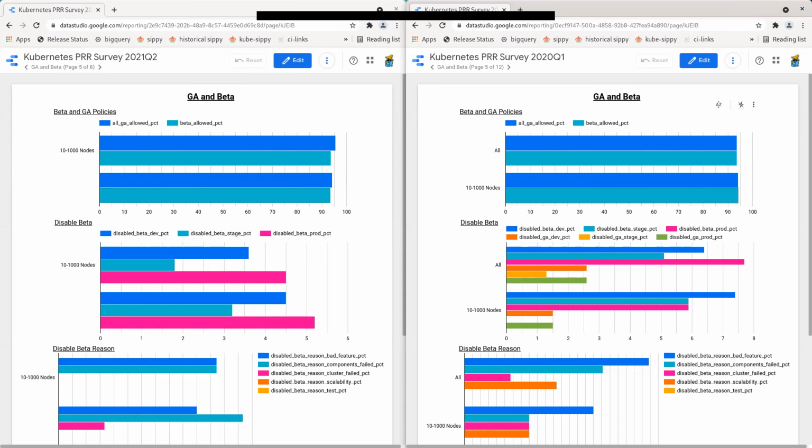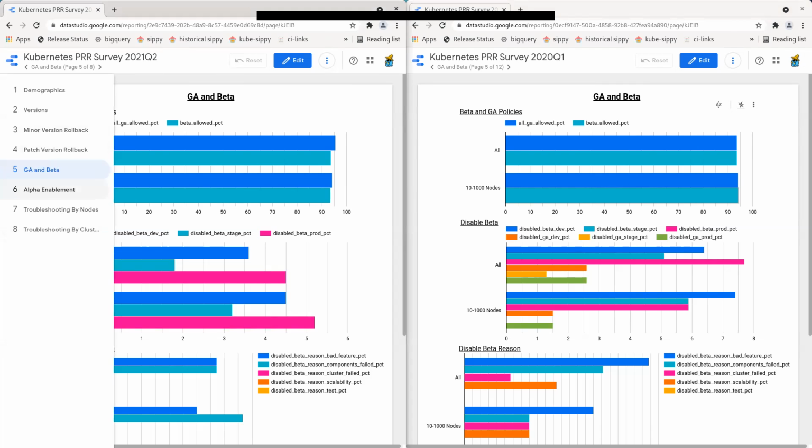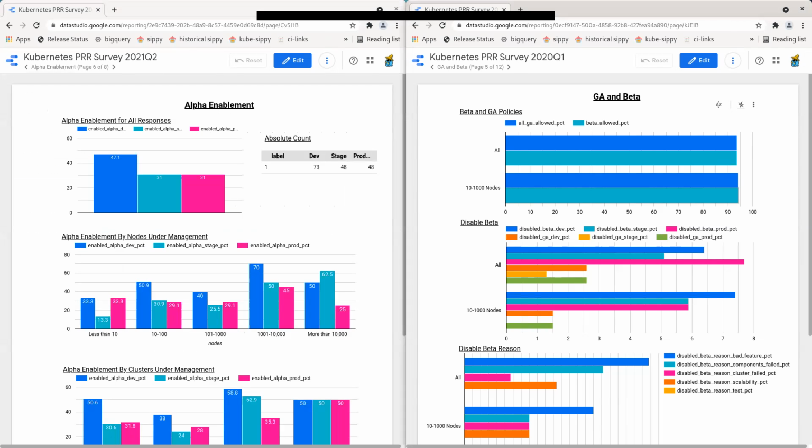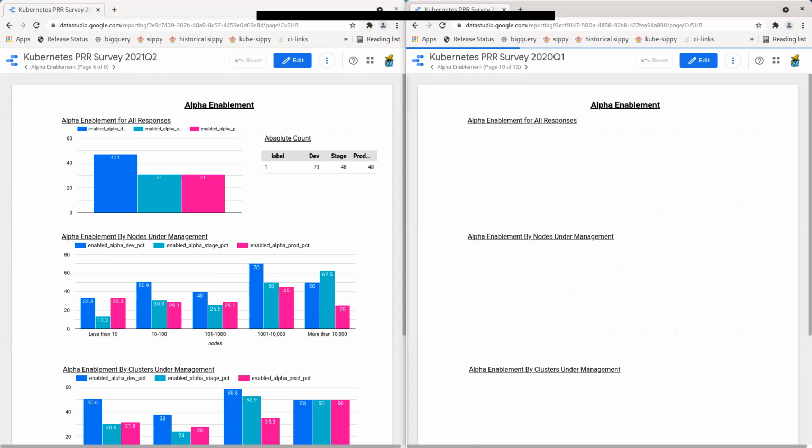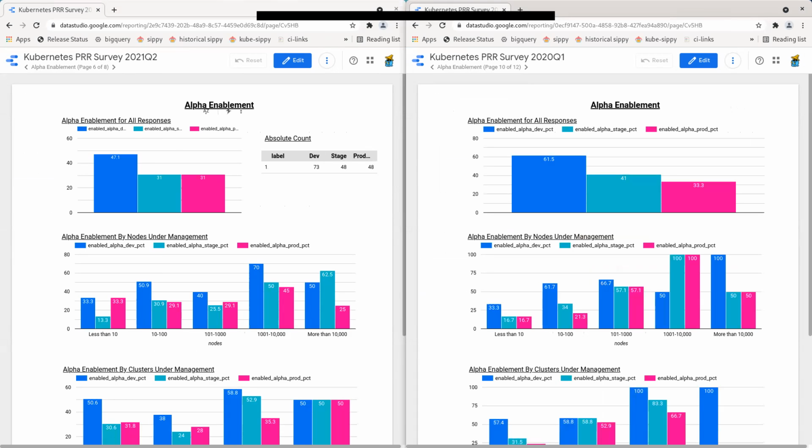And then one final thing that I'd like to cover is our alpha enablement. This still shocks me, but it also clearly indicates that 30% of clusters turn on some alpha feature in production. What that indicates to me, one, is that they have a lot of confidence in our alpha, but also that if they need a feature, cluster admins are able to identify the feature that they need.